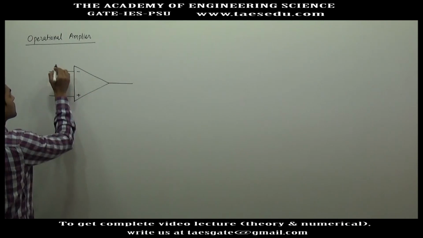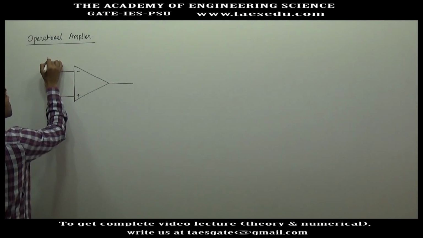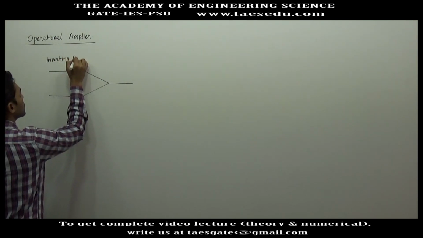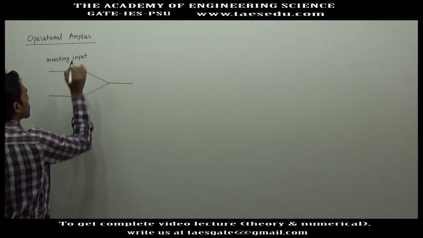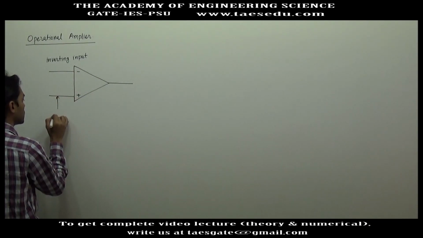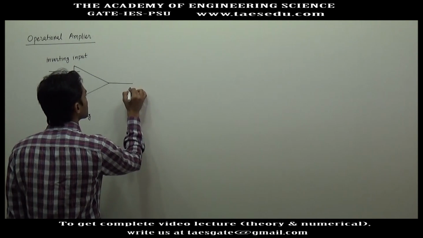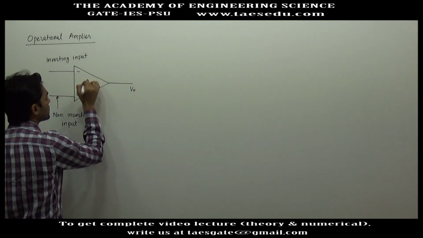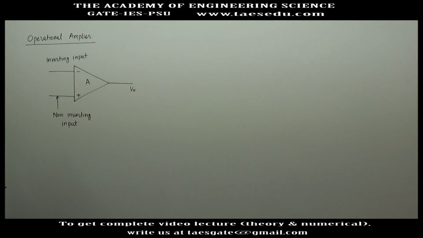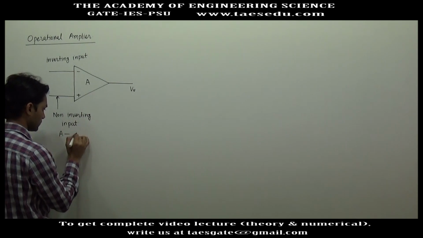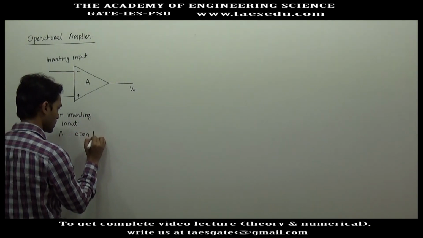This input is called the inverting input, and this is called the non-inverting input. This is the output, and A is the gain of this operational amplifier. A is often called the open loop gain.